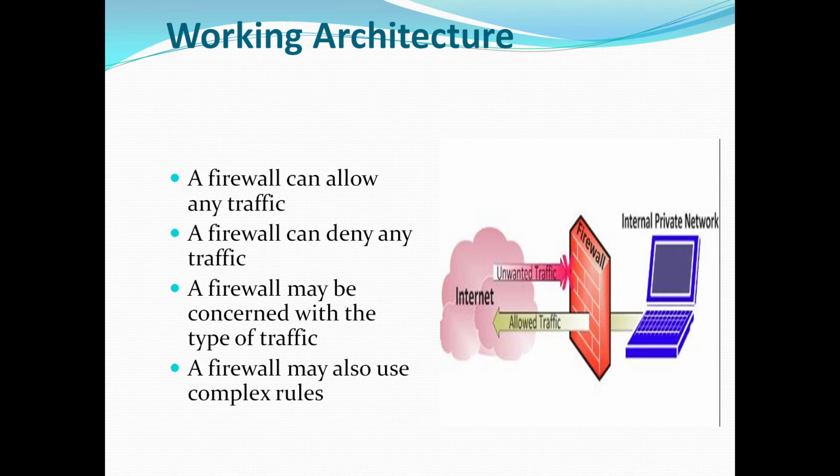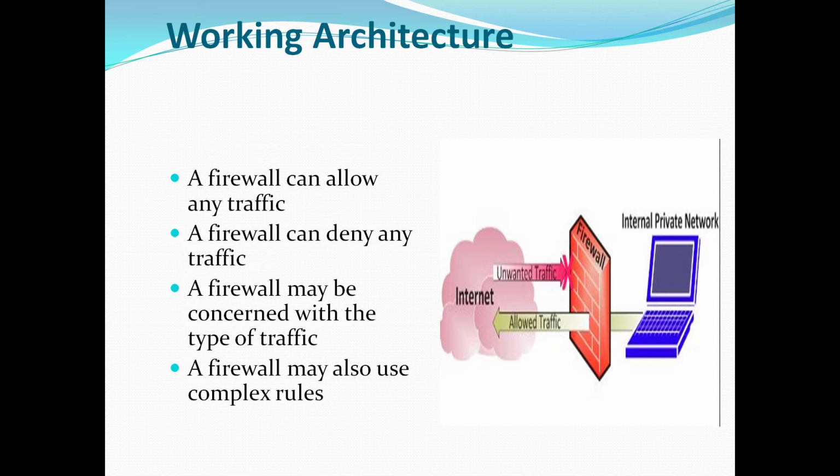The firewall can allow all traffic except what is specified as restricted. It relies on the type of firewall used, the sources, the destination address, and the ports. A firewall can also deny any traffic that does not meet specific criteria based on the network layer on which the firewall operates.